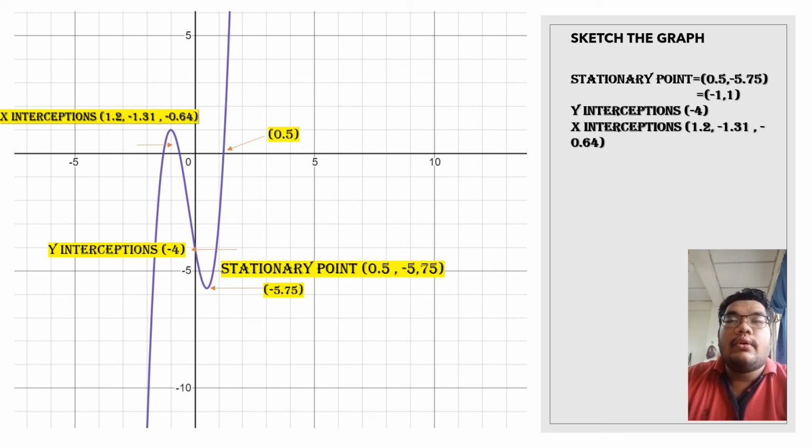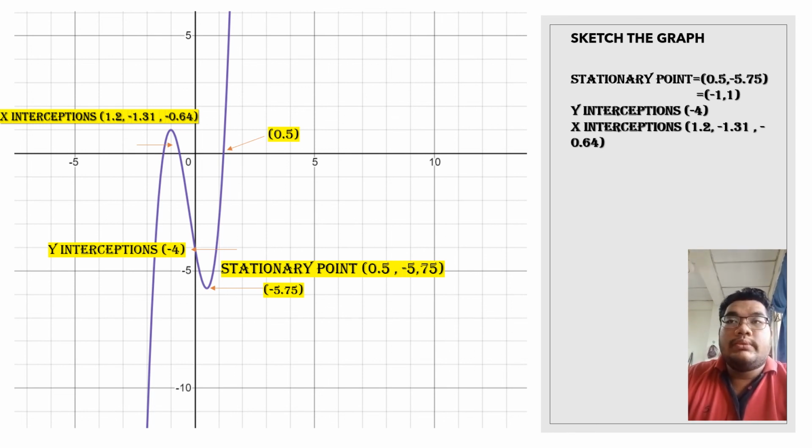The y intersection is negative 4, and for the stationary points we got (0.5, negative 5.75) and (negative 1, 1).